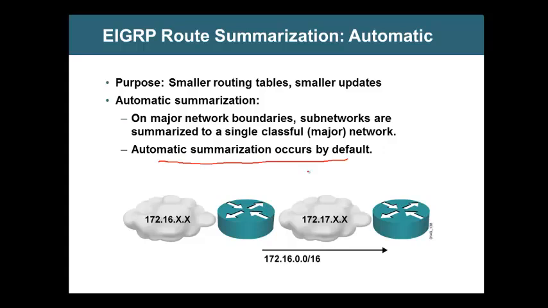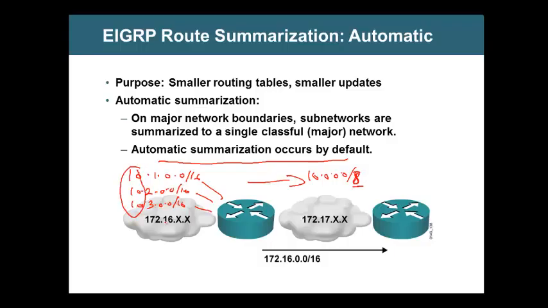What is auto summarization? You've got multiple subnets like 10.1.0.0/16, 10.2.0.0/16, 10.3.0.0/16. Let's assume these three are running on this router. When this router advertises, it will advertise 10.0.0.0/8. That's the summary of these three.